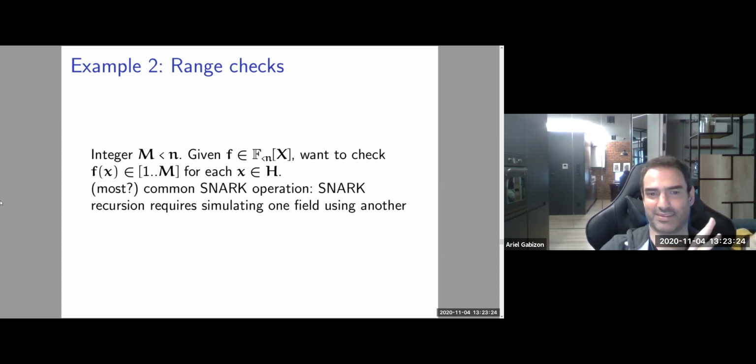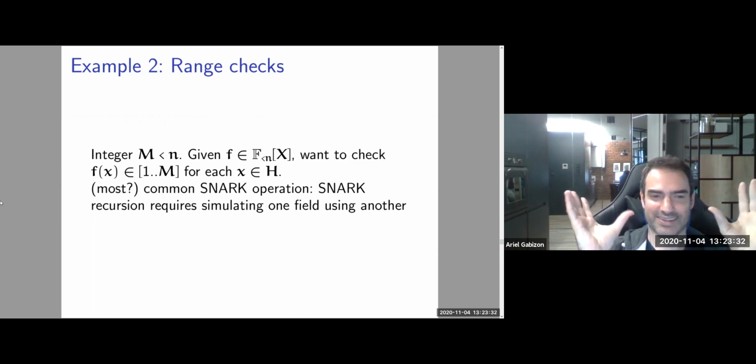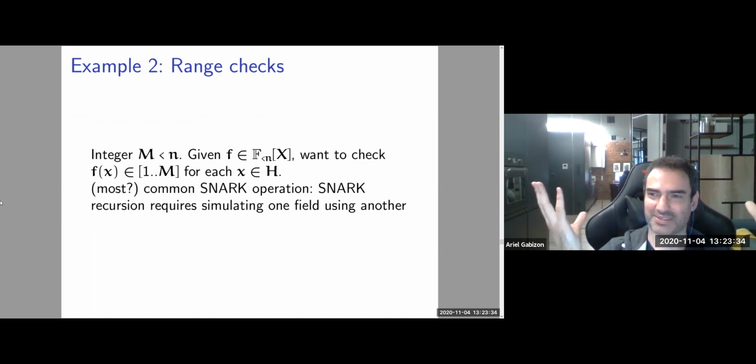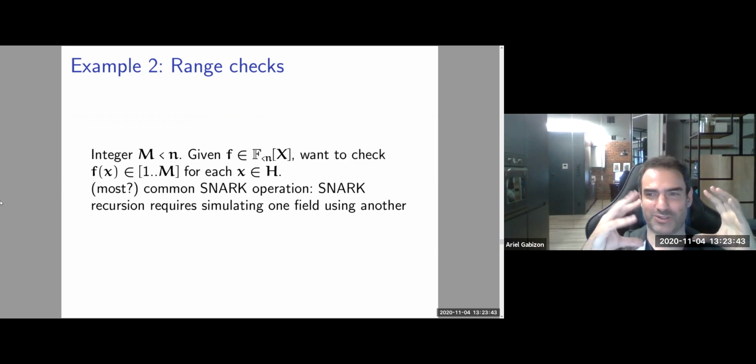Like I apologized in the beginning, there might be a lack of context and motivation here, but basically this operation of a range proof turns out to be perhaps the bottleneck in the concrete efficiency of these snarks.